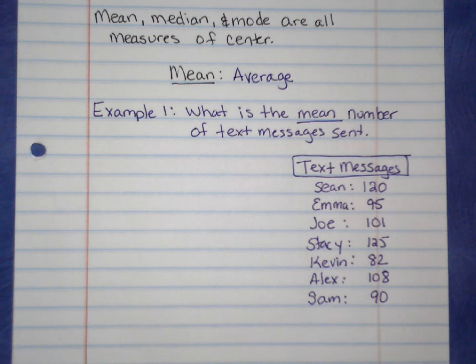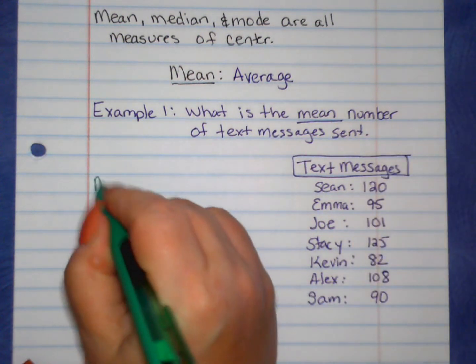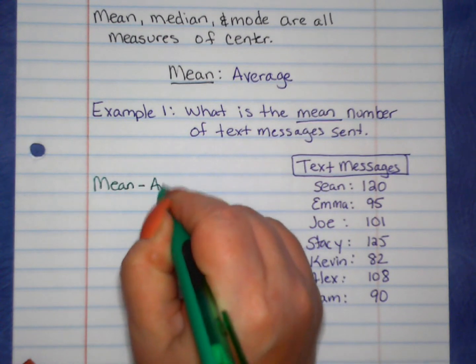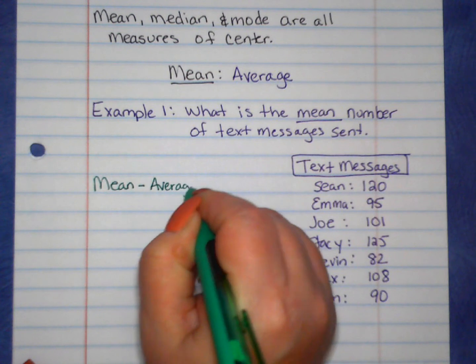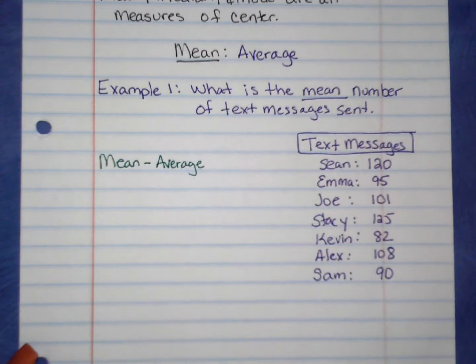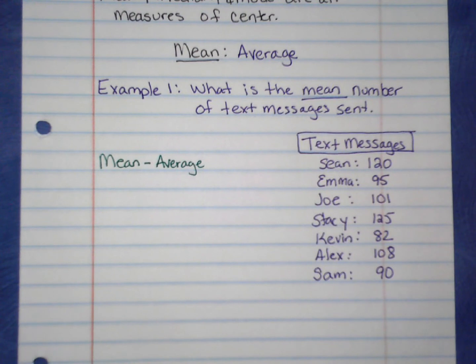Okay. So remember, our goal is to find out what is the mean number of text messages. So let's make sure we remember mean means average. And the first thing we need to do, the first step, is we have to find the sum of the data.